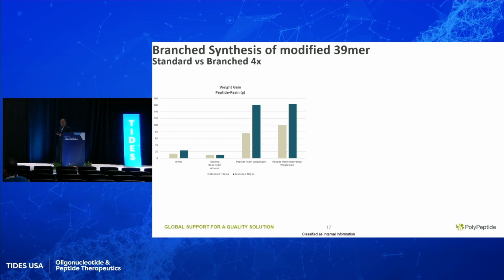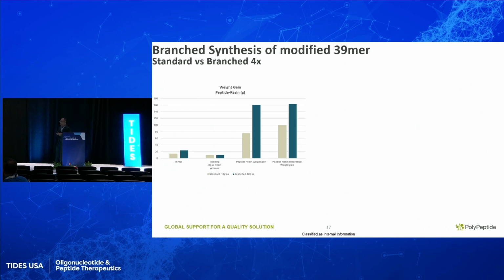And as you can see, the peptide resin weight gain for the branch peptide increased 16-fold. For the normal synthesis, it increased about 7-fold, and that's pretty much normal.